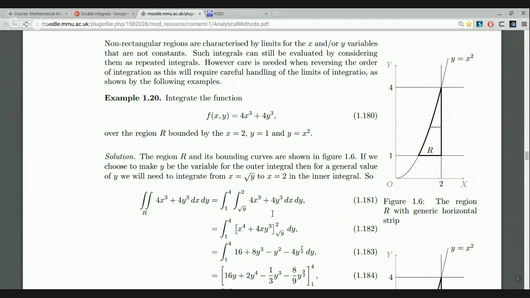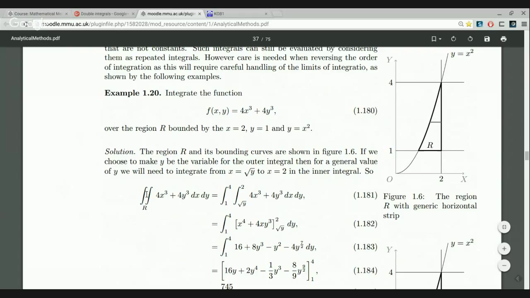So you see the inner integral here with respect to x, one of the limits is a function of y. As soon as you see functions of the variables appearing as limits of the integrals, then you know it's a non-rectangular region. These functions of the variables that appear in the limits are actually the defining functions of the boundary curves expressed in the appropriate way.